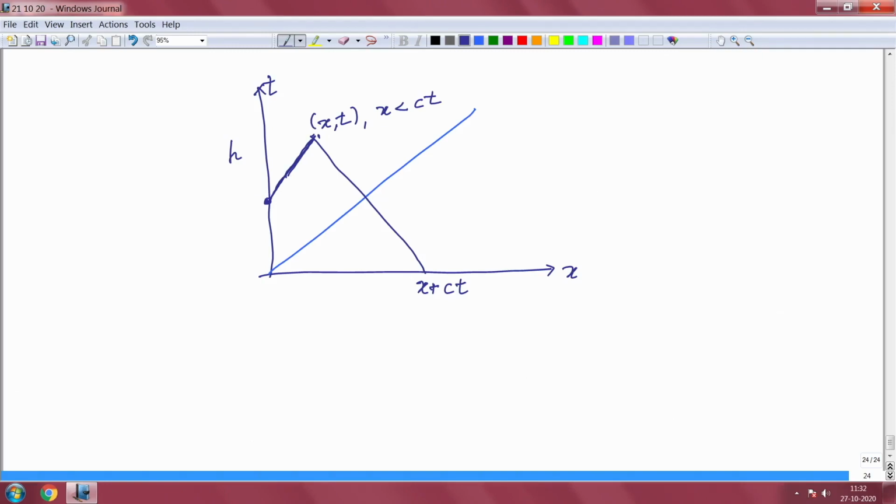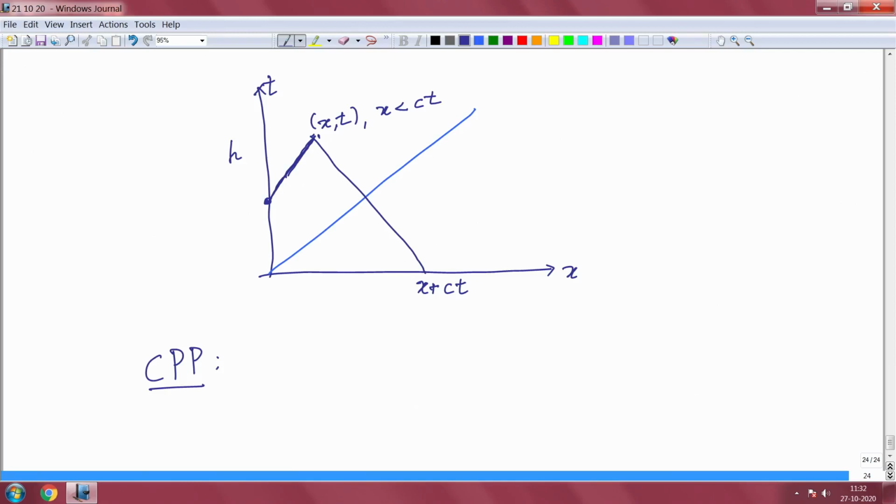This is one way. You can again use the general solution and try to determine g, but let me use the characteristic parallelogram property to find the solution of u at this point.